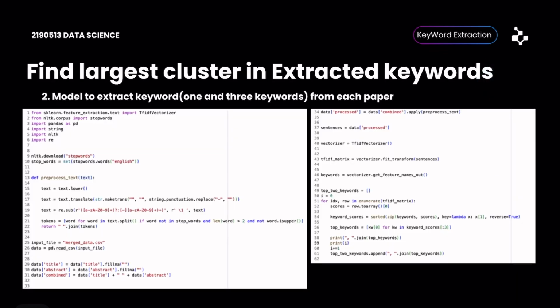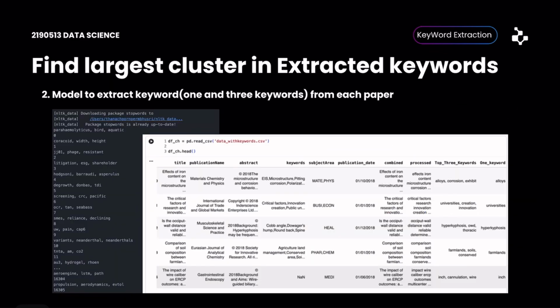After that, we find the largest cluster in the extracted keywords. For this step, we want to find the largest cluster in our extracted keywords using k-means clustering combined with word2vec. First, we convert each extracted keyword into a vector. We do this using a pre-trained word2vec Google News 300 model from Gensim.